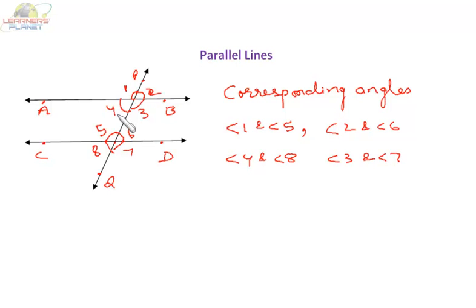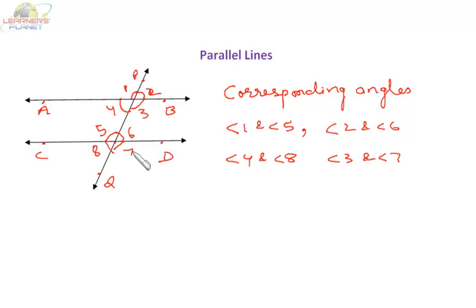So angle 1 and angle 5 are a pair of corresponding angles. Angle 2 and angle 6 are a pair of corresponding angles. Similarly, angle 4 and 8 form a pair of corresponding angles, and angle 3 and angle 7 also form a pair of corresponding angles.